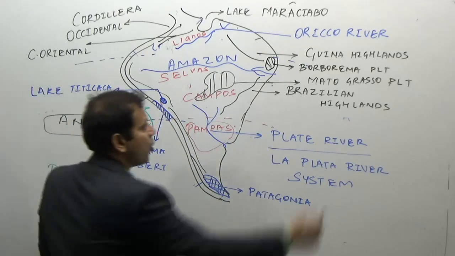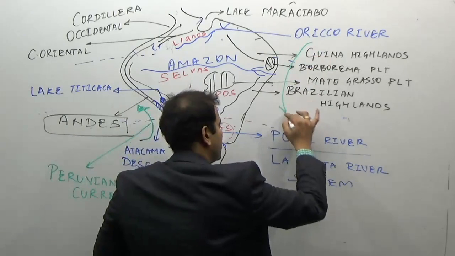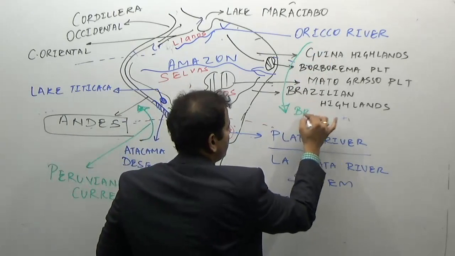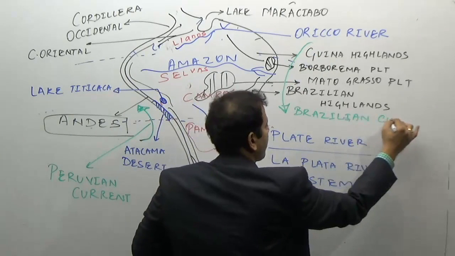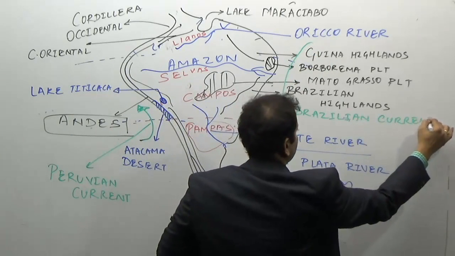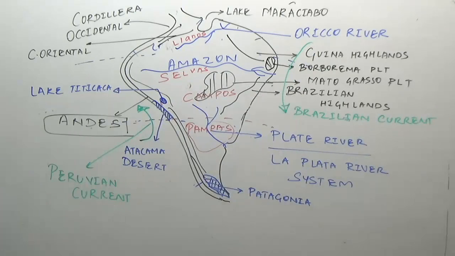While here there is a hot ocean current, which is known as the Brazilian current. So we have the two important current systems, the Peruvian current and the Brazilian current system.